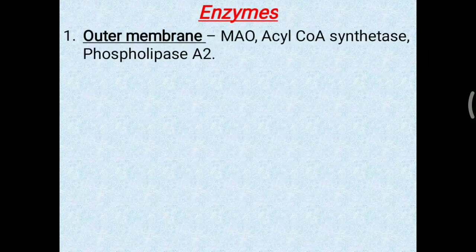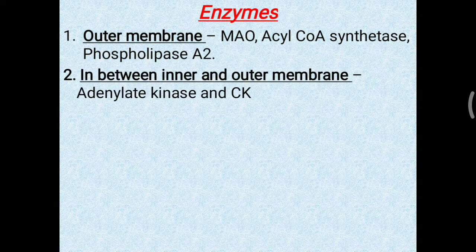Further, some important enzymes of the mitochondria that you should remember. The outer membrane contains monoamine oxidase, acyl-CoA synthetase and phospholipase A2, while between the inner and outer membrane are adenylate kinase and CK, that is creatine kinase, with 3 isoenzymes CKMM, MB and BB.